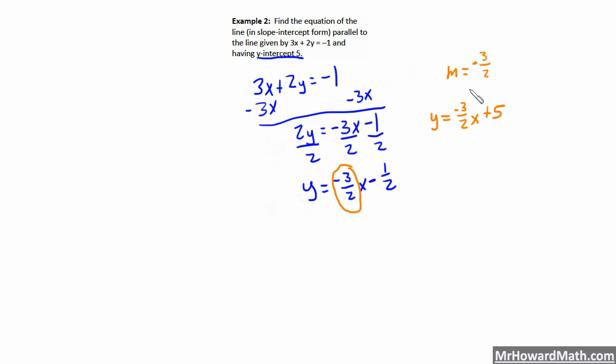Okay, so we have answered that question. Remember, parallel lines have the same slope, so we identified this line's slope as negative 3/2. Our line would also have the same slope, and they already gave us the y-intercept of our line right here. So here's our answer. Alright, let's move to the next example.